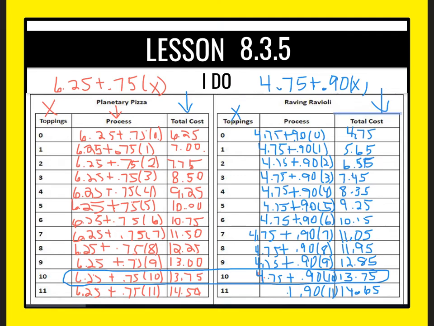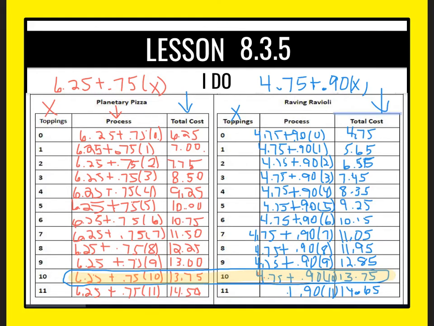Maybe it would be better for me to highlight that. But I can see that at 10 toppings, it doesn't matter if I go to Planetary Pizza or not, the cost will be the same if I decide I want 10 toppings on my pizza, okay?